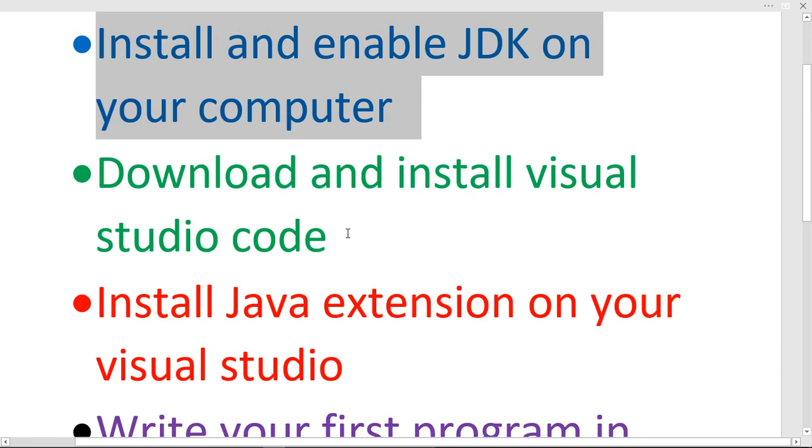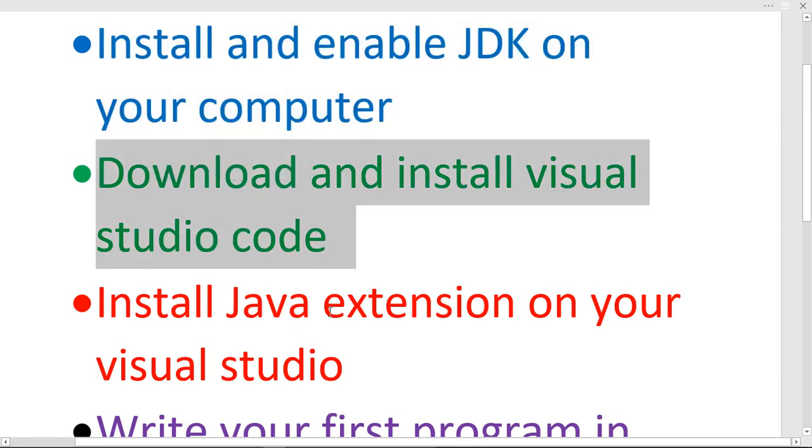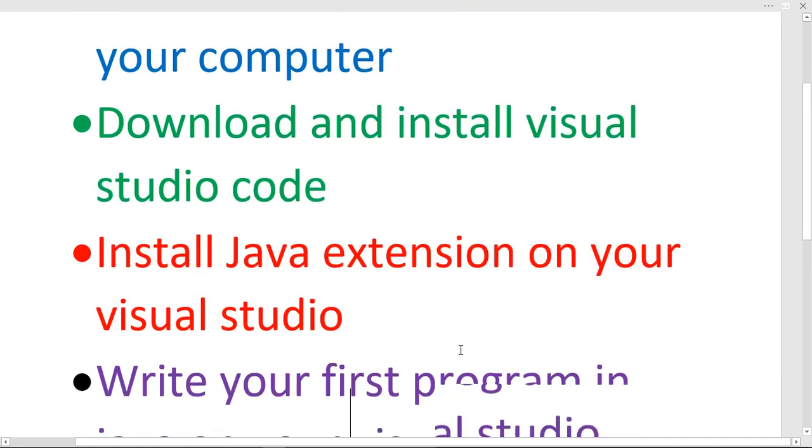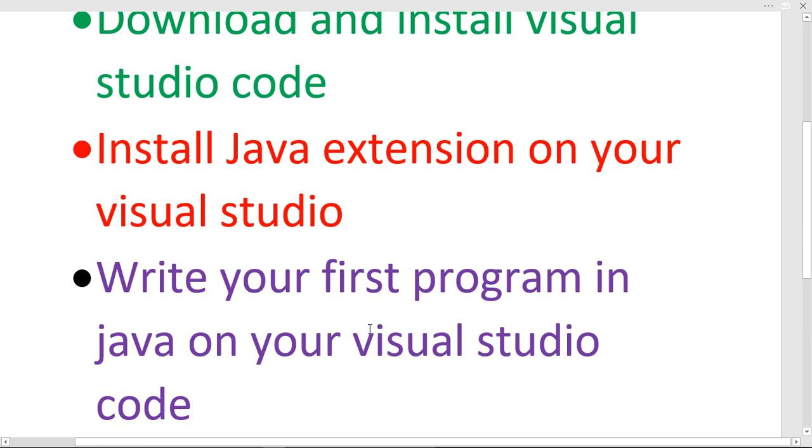You need to download and install Visual Studio Code. You need to install Java extension on your Visual Studio Code. Then write your first program in Java on your Visual Studio Code.